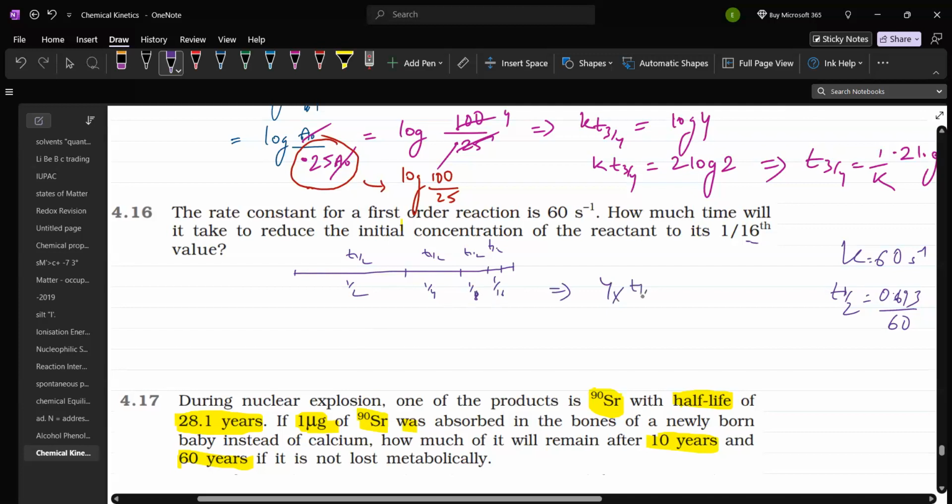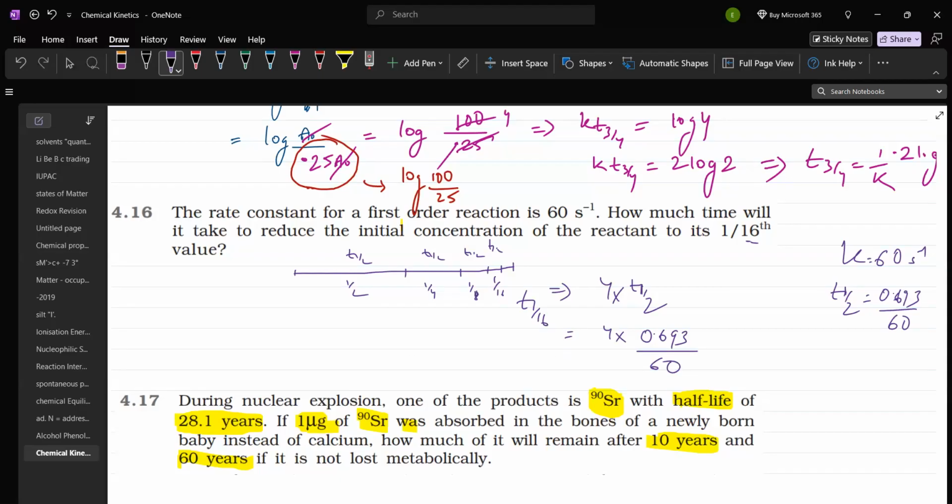Yes or no? T1/16 is this: 4 into 0.693 upon 60. Got the answer? Tell me.